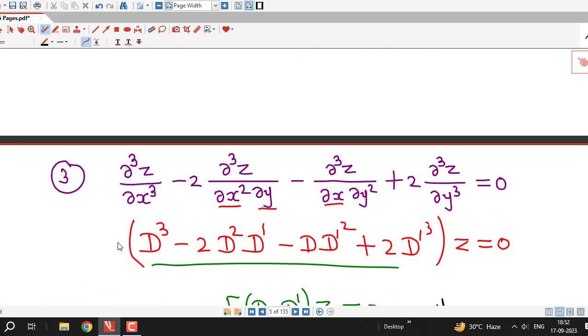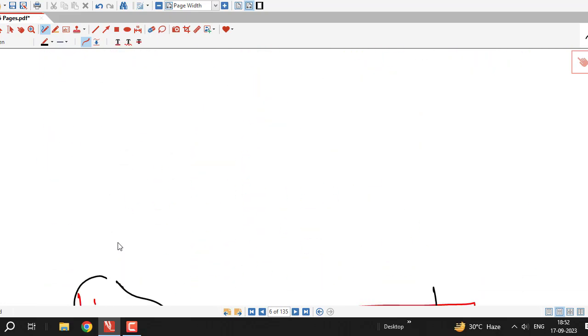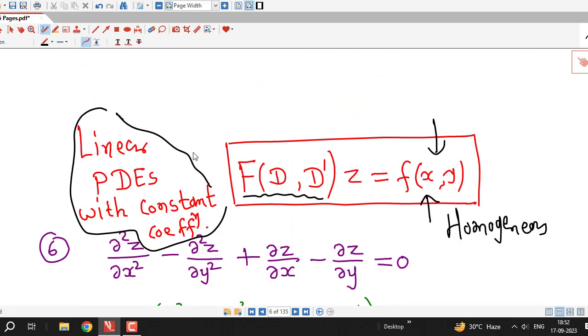We are understanding linear partial differential equations with constant coefficients, and they can always be written in this form, as I have seen with the help of examples. Depending on the function on the right hand side, if that function is 0, the equation is called homogeneous. If the function is not 0, then the equation is called non-homogeneous. Or you can simply remember that if the right hand side is 0, after writing our equation in this form, the equation is homogeneous, otherwise it is a non-homogeneous partial differential equation.